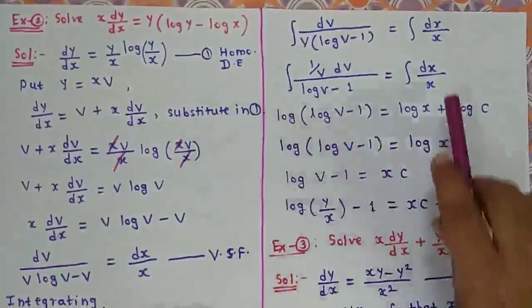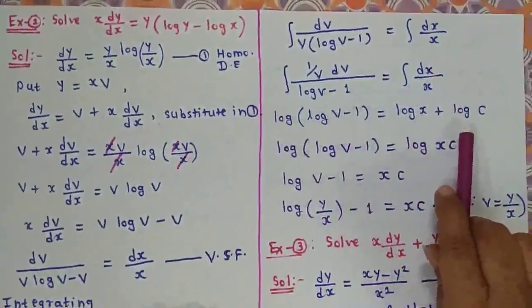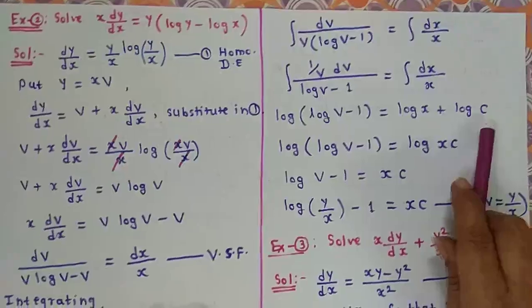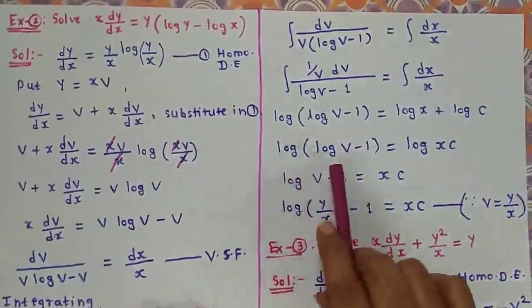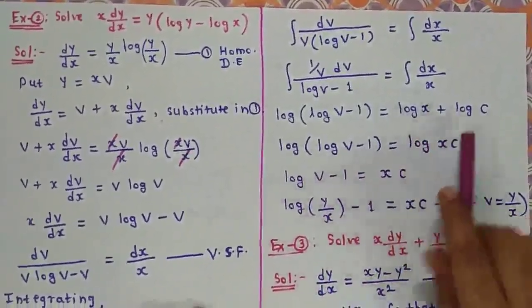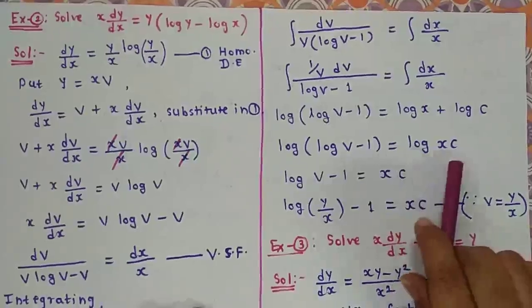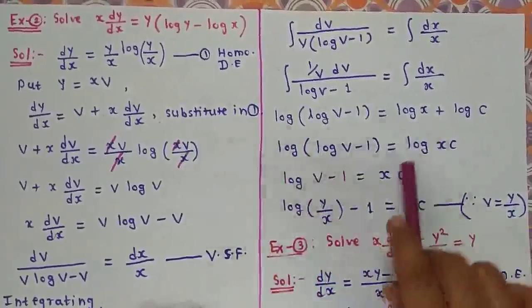Integration of 1 by x is log x plus, now here most of the terms are in terms of log, so we take log c. So log of log v minus 1 equals log x plus log c, which can be written as log of xc. Now we take exponential on both sides so that these logarithms get cancelled.